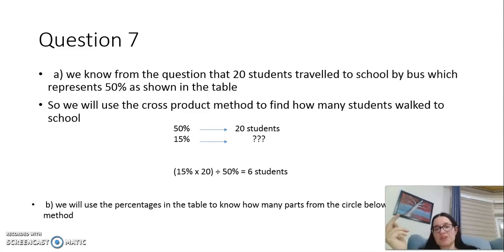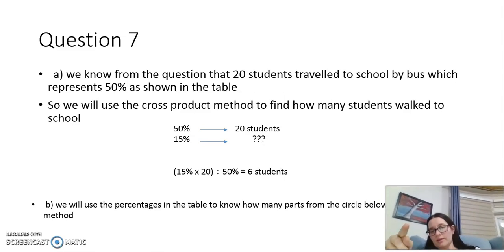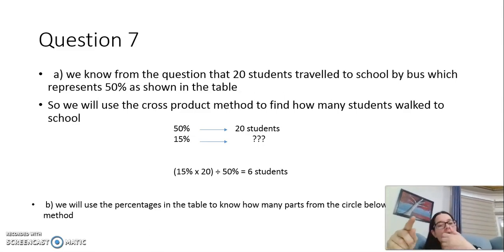So 15% represents what? So 20 times 15% divided by 50%. This is the cross method. We multiply both known numbers together, and then divide by the number with the unknown value. So 15 times 20 divided by 50, because the percentages go with each other, the value will be 6 students.